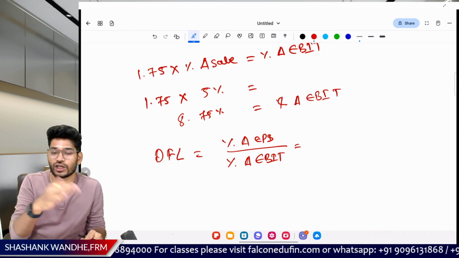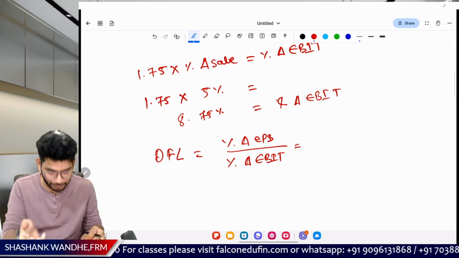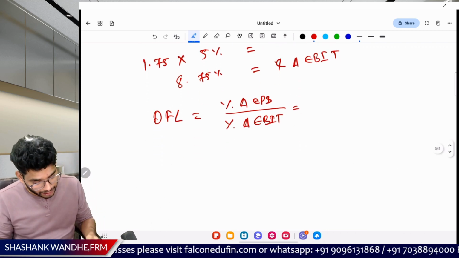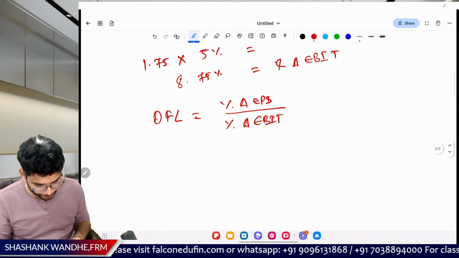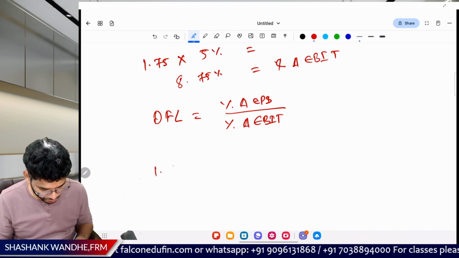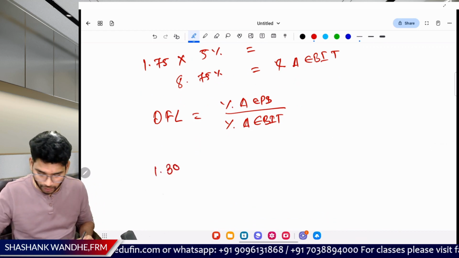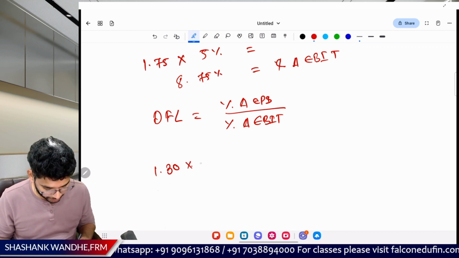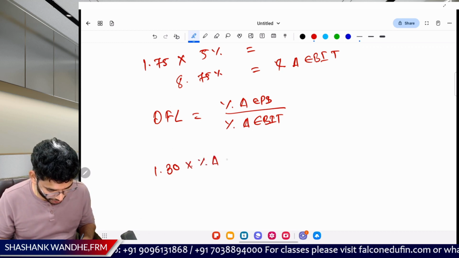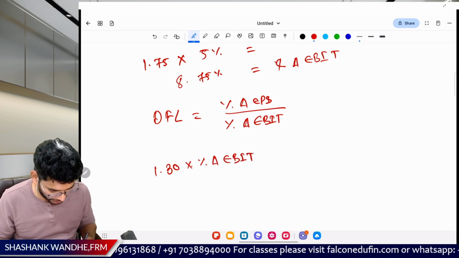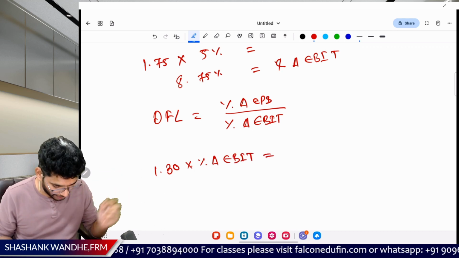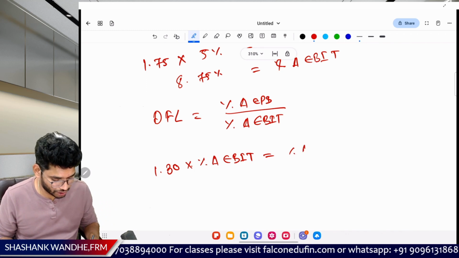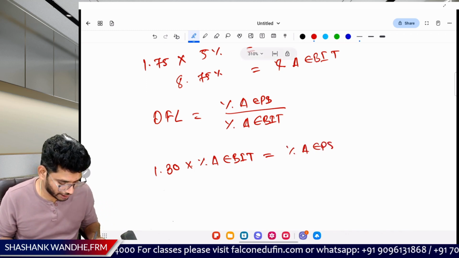So here, percentage change in EPS divided by percentage change in EBIT. The ultimate use of this formula is, if your degree of financial leverage is 1.30, then the percentage change in EBIT multiplied by DFL will be the percentage change in EPS.